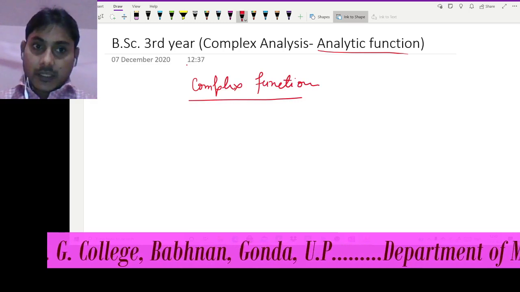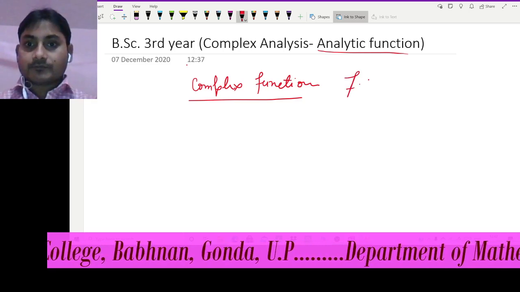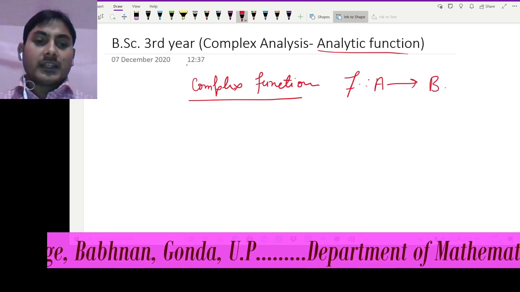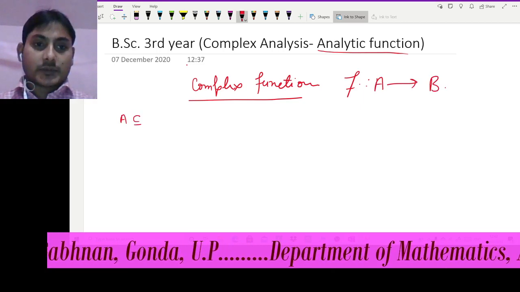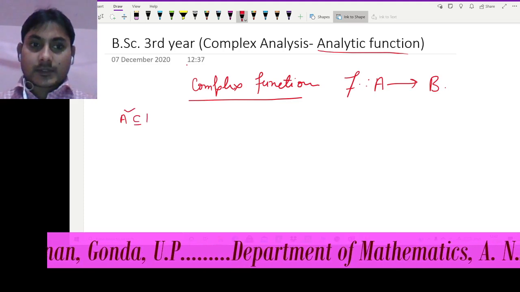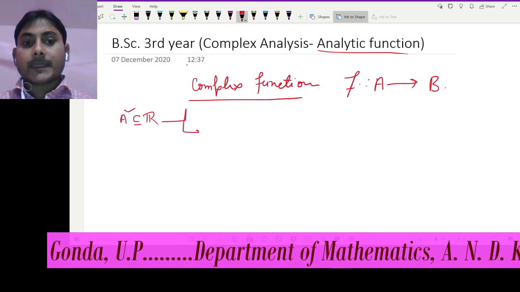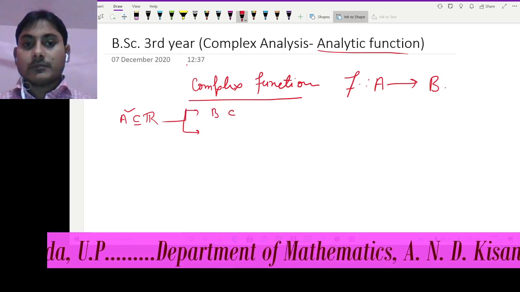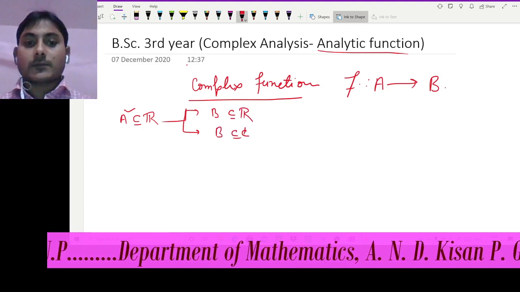And we have taken, suppose f is a function from A to B, and depending on the association of A and B, we said suppose A is a subset of R, and then two cases arise. In the first case, B could be a subset of R, and B can be a subset of C also.